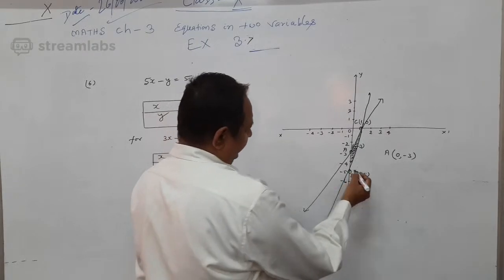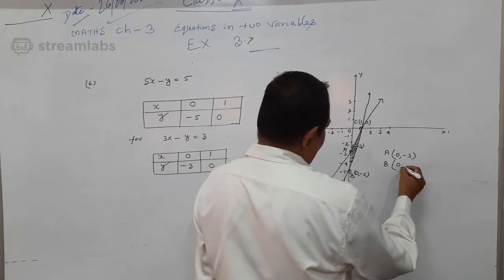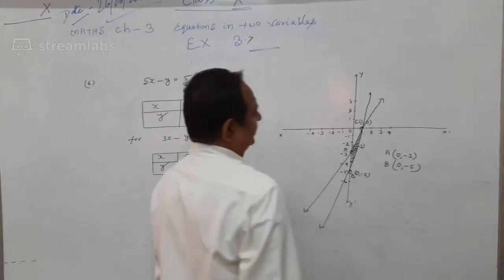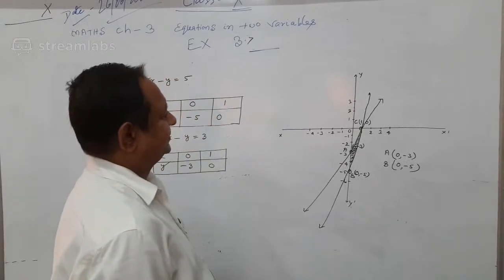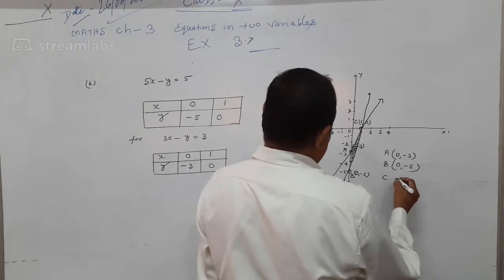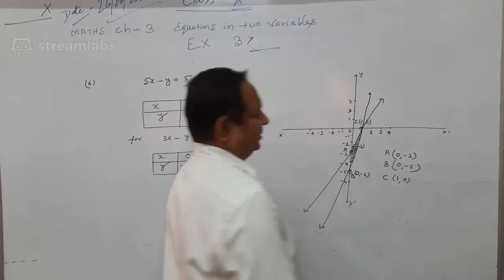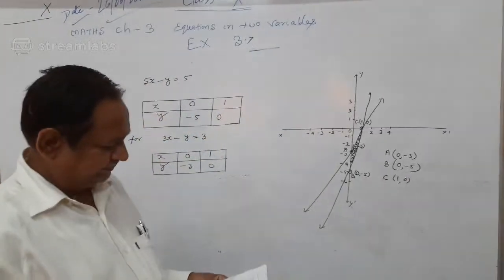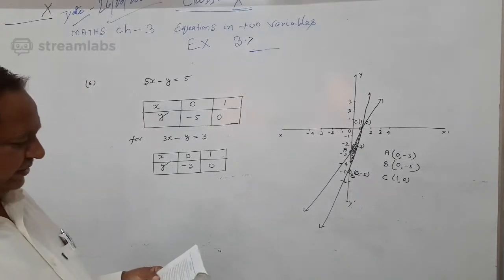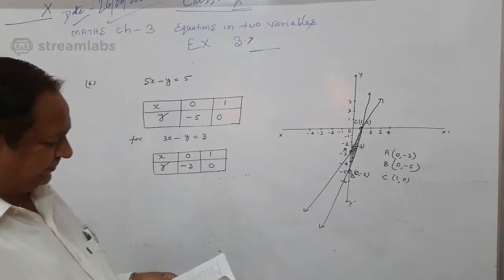The coordinate of vertex B is 0, -5. And C, x coordinate 1 and y 0. So these are the coordinates of vertices of the triangle.